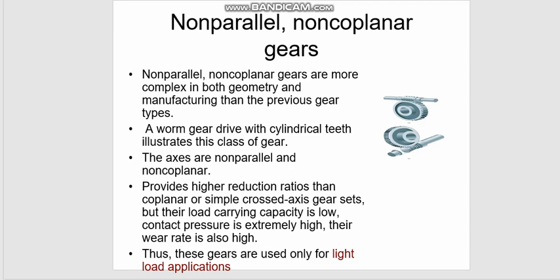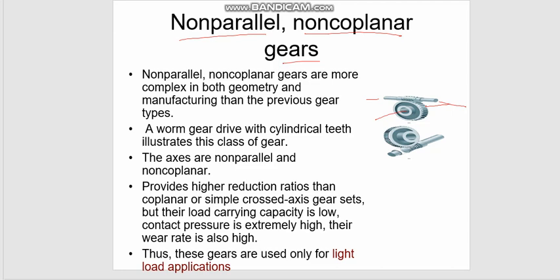So the third type of gear system is called non-parallel non-coplanar gear. An example of this gear is the worm gear. So shown here is a worm gear. If you can just imagine this, right? The axis for this particular gear system is not parallel to the axis of the other gear system.